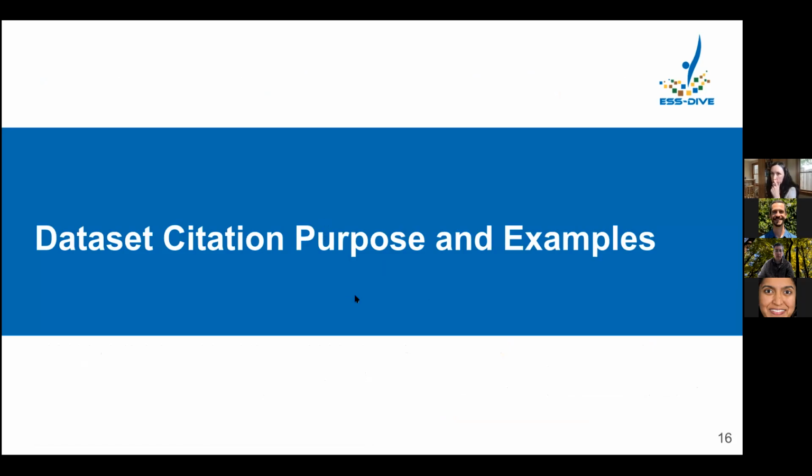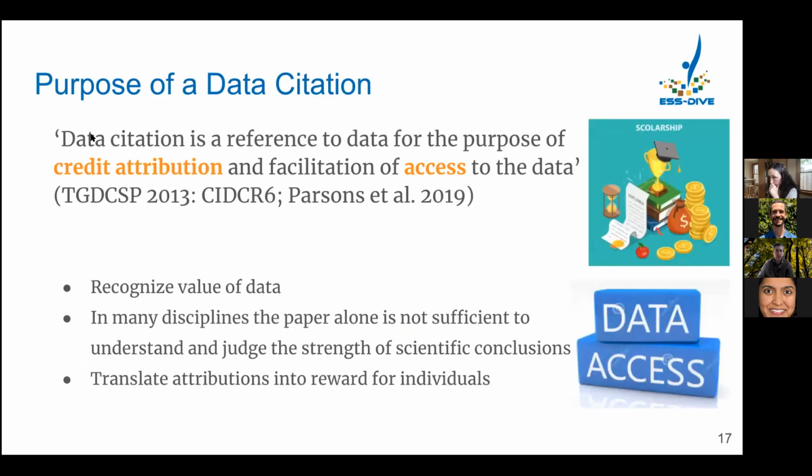So I'll move on to discuss a little bit about data set citation purpose and examples. A generally accepted definition for data citation is a reference to data for the purpose of credit attribution and facilitation of access to the data. So the two key things here are credit and access. What a data citation does in addition is really help us recognize the value of data in the research process.